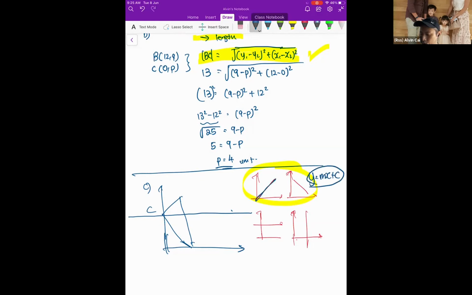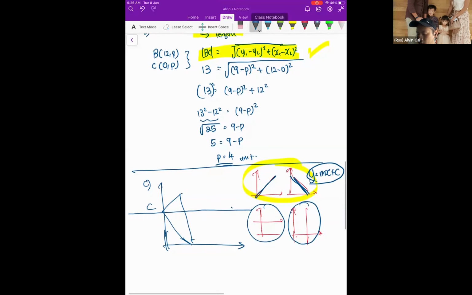Going up is a positive gradient, going down is a negative gradient. When it comes to horizontal and vertical lines, these two are a bit more special. A horizontal line is always y equals a number. If it's a, you just write y equals a. A vertical line is always x equals a number. If it's b, that means x equals b.